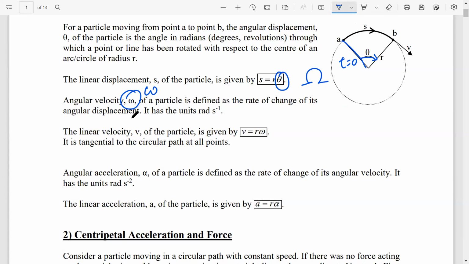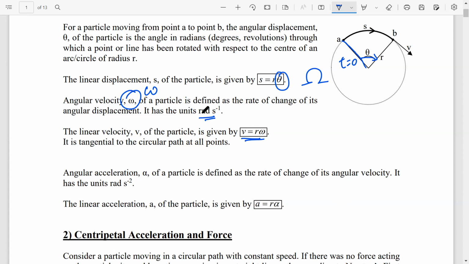When you write this omega, it's not W, it's not sharp, it's just curved. That is the difference. It is measured in radians per second, and you can get this formula, v equals to r omega.